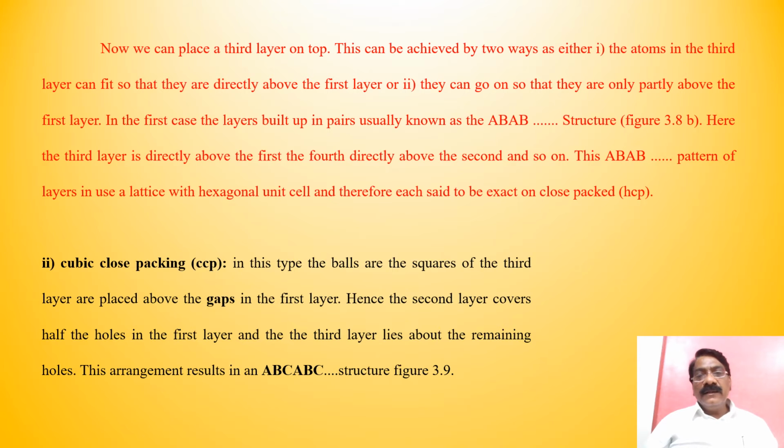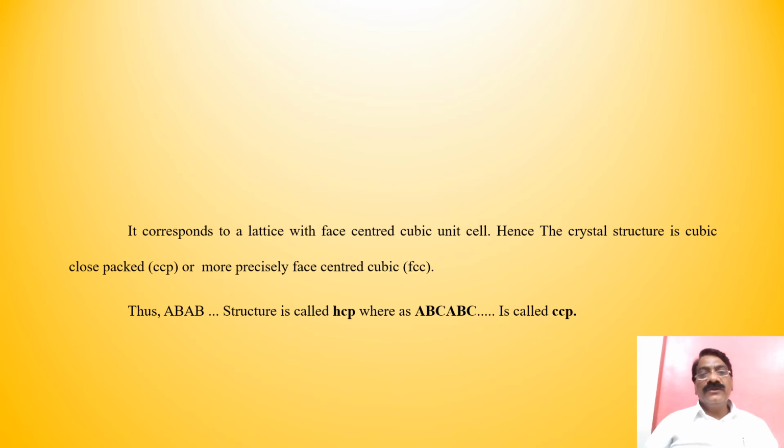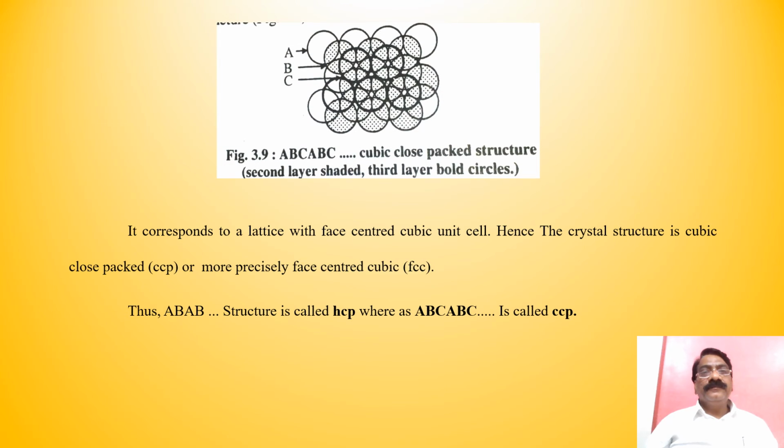Hence, the second layer covers half the holes in the first layer, and the third layer lies above the remaining holes. This arrangement results in an ABC type structure, which is shown in the figure.